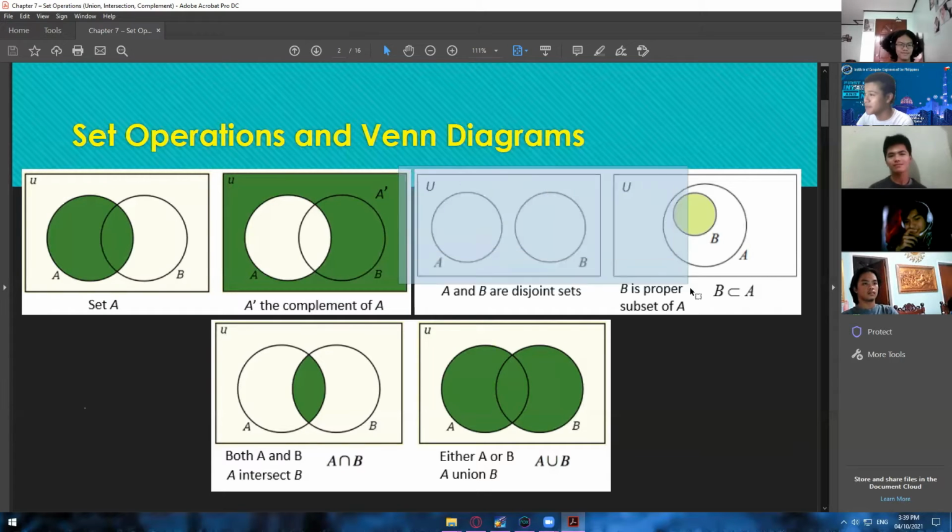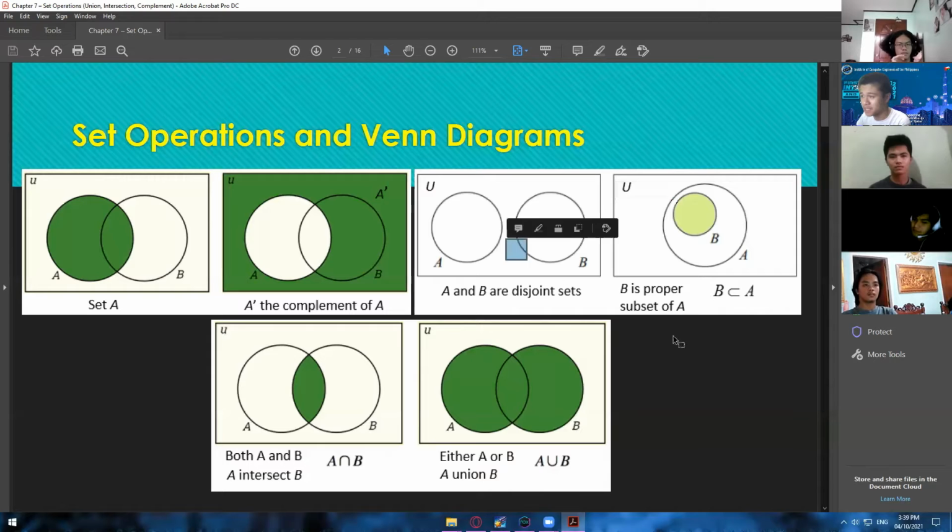The next one here is that A and B are disjoint sets. It's very straightforward: they are disjoint, they are not joined together. That's why it's called disjoint. In other words, they don't have common elements, so they are separated from each other.